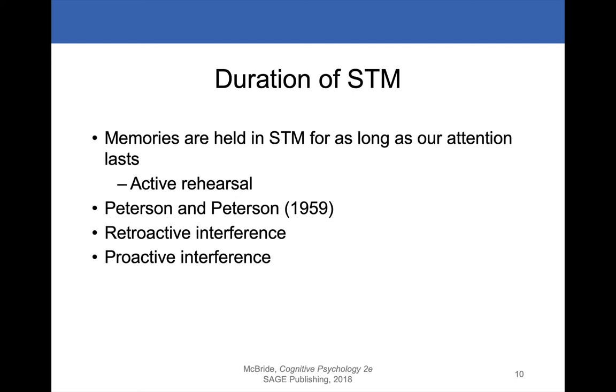One of the things that was discovered with regard to short-term memory are the concepts of retroactive interference and proactive interference. Retroactive interference is when new information replaces old information in a memory store.